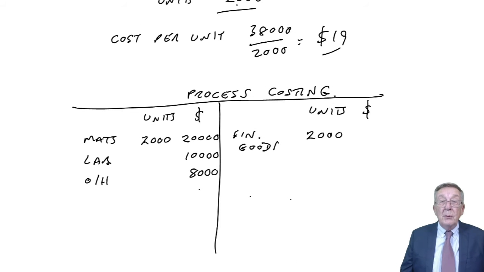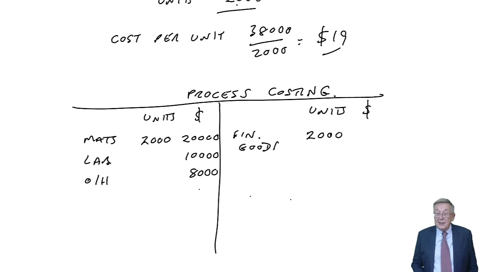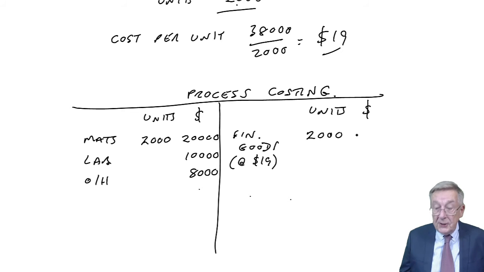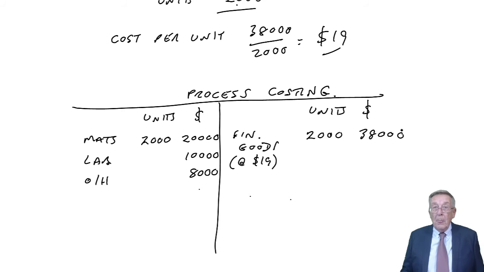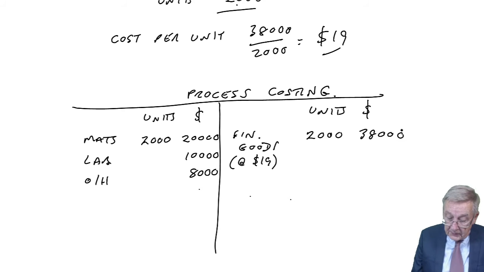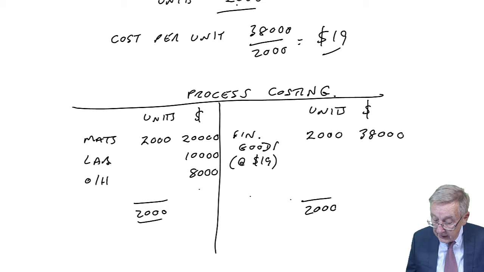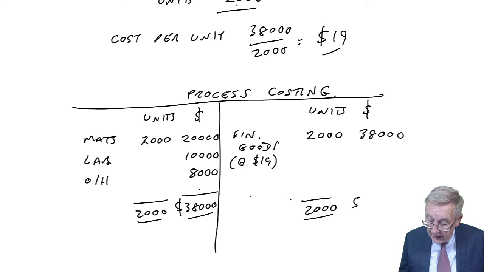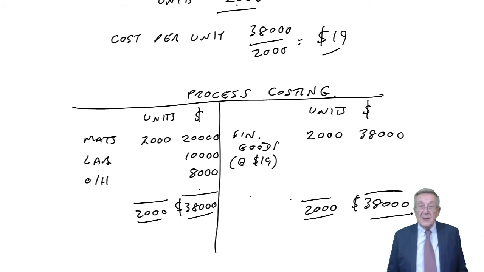We worked out that they were costing us 19 a unit. And so at 19 a unit, 2,000 units, a total 38,000. And we check both sides add up, so 2,000 units were worked on and 2,000 units came out. We spent in total 38,000. And there's the value that left the process.